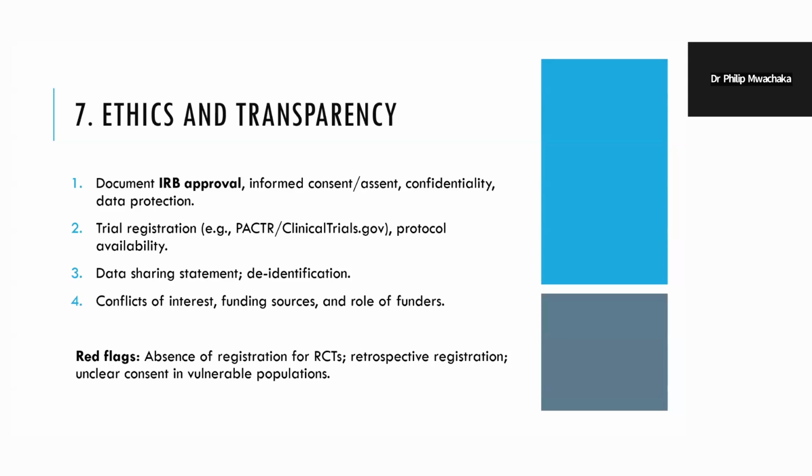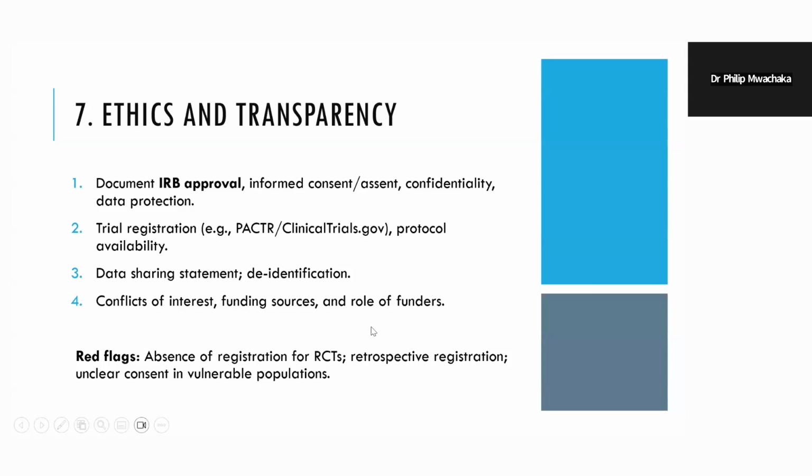So it should be clear from the authors that they are willing to share their results. Basically, maybe the identified database of the study participants. And nowadays, there are also sites where you can deposit your database, the identified database, so that other people can access it and also interrogate it.